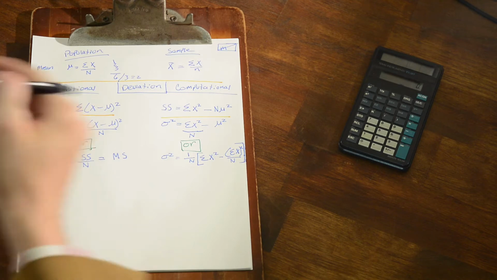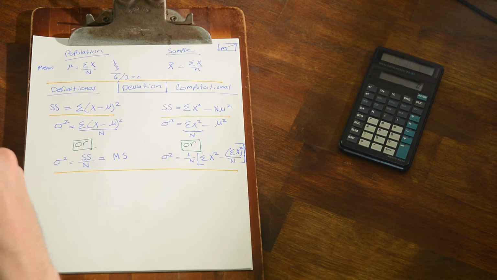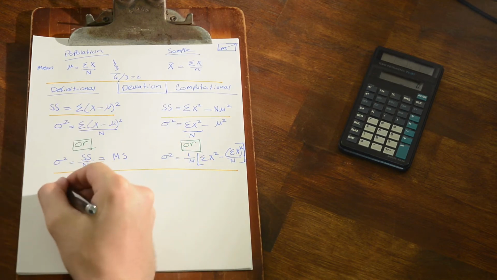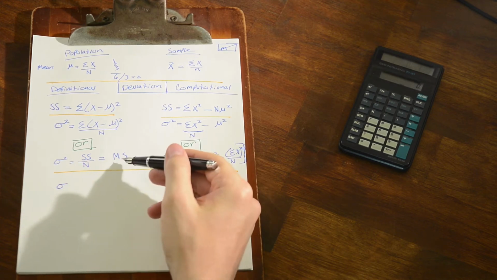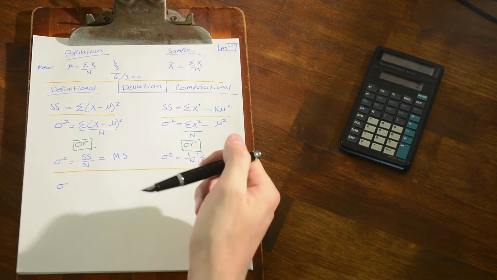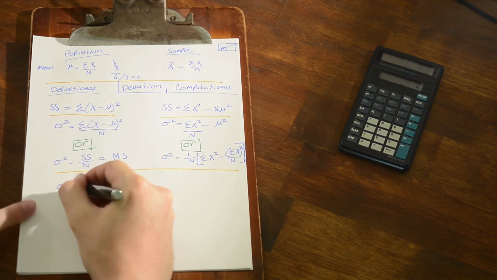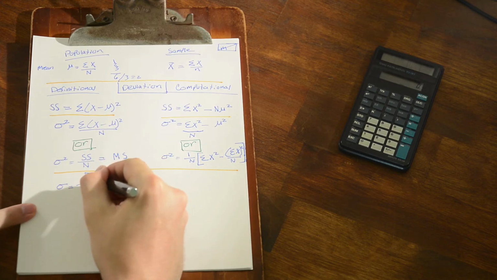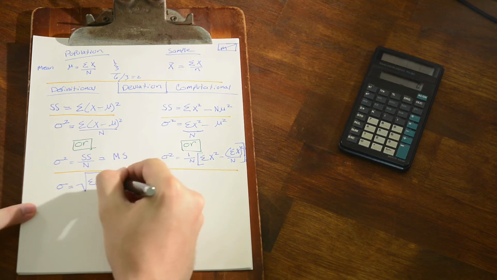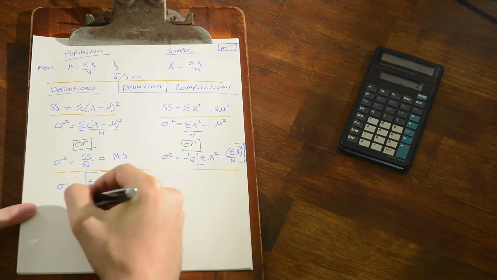Now we've gone through our variance, it's time to go on to our standard deviations. Our standard deviation is represented by sigma, and as such is the square root of these formulas above. So we're going to take those same formulas. We're going to have sigma equal to the square root of the sum of x minus mu squared over n.